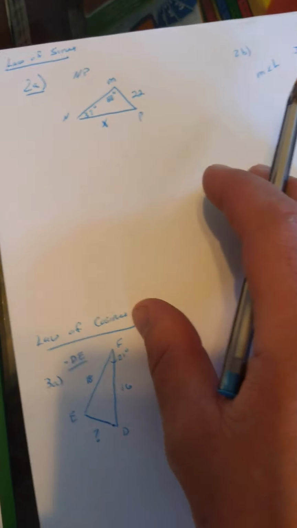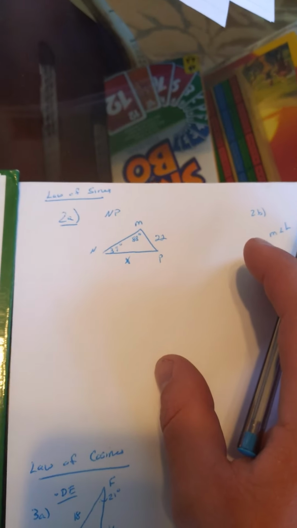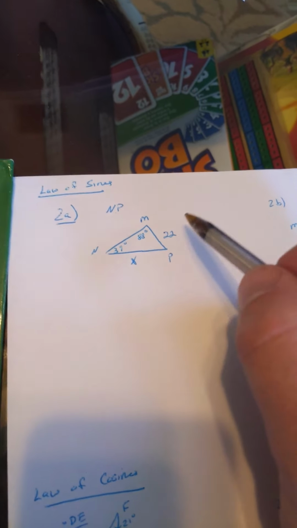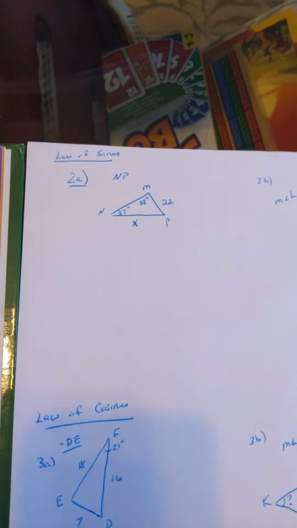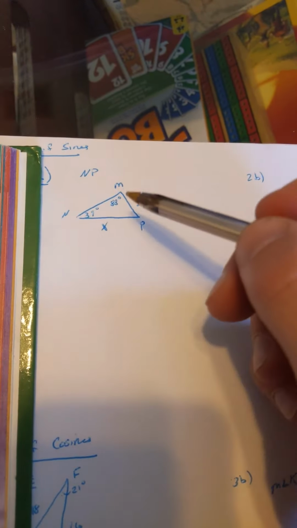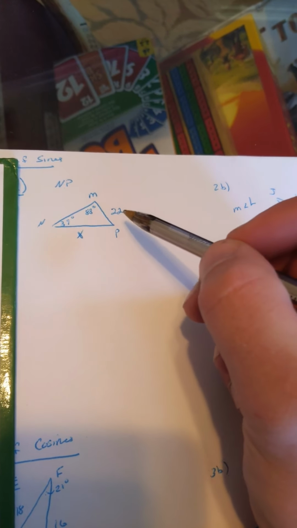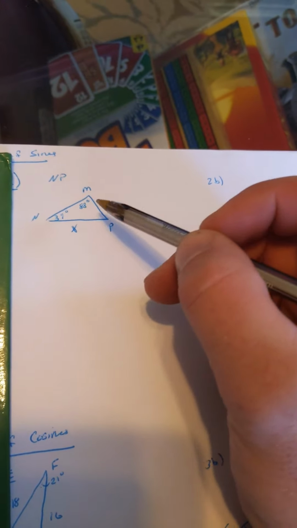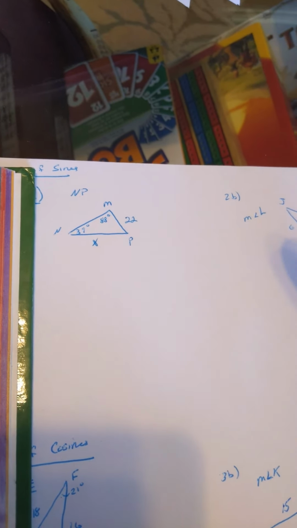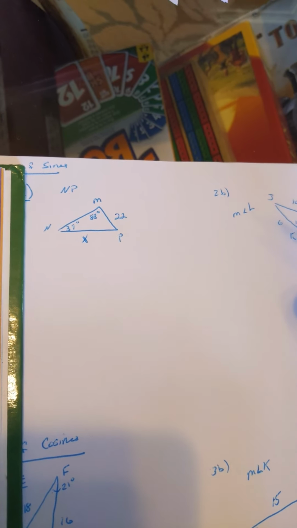I've got two example problems I'm going to do for you, starting with the law of sines. Notice we are given two angle measurements, 39 degrees and 88 degrees, and a side length. If you're given two angle measurements, you can go find that third angle measurement.